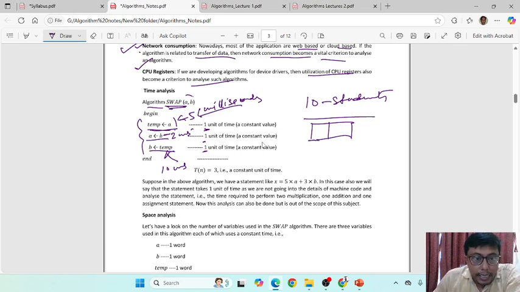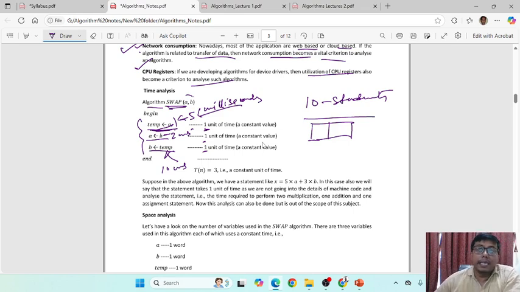So you see, the execution of this statement on all 10 machines is constant, because no change in execution time is observed. 5 milliseconds on one machine means 5 milliseconds on the rest of the 9 machines. Likewise, 2 milliseconds on one machine for the second statement means all 9 machines will require 2 milliseconds to execute it.